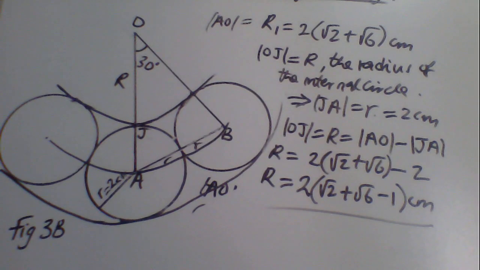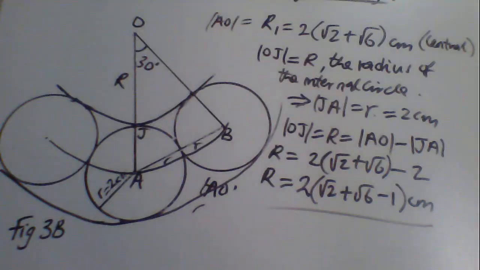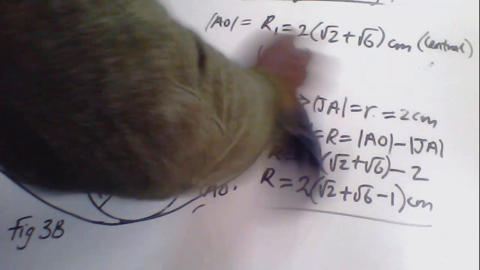So this is the radius of the internal circle. This is for the central one. So we have gotten the radius of the internal circle to be 2(√2 + √6) minus 1. So let's clean here.